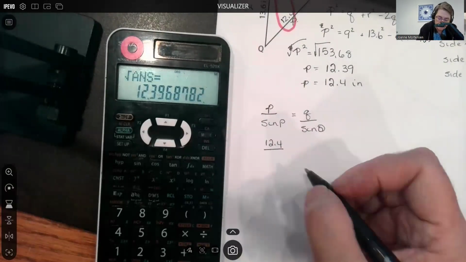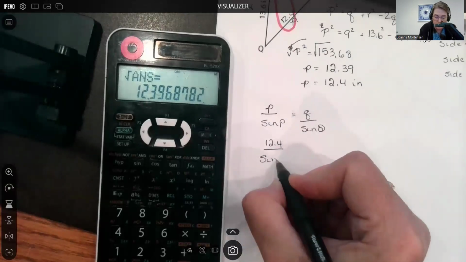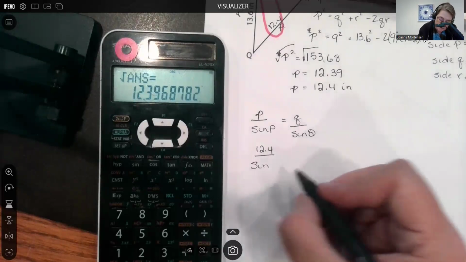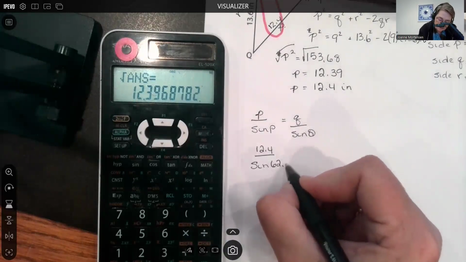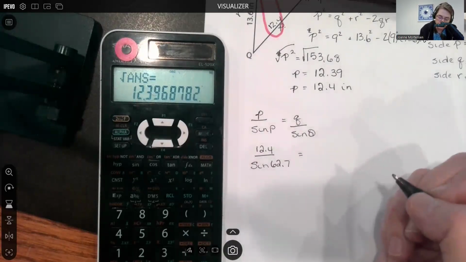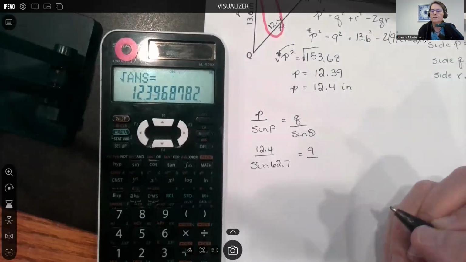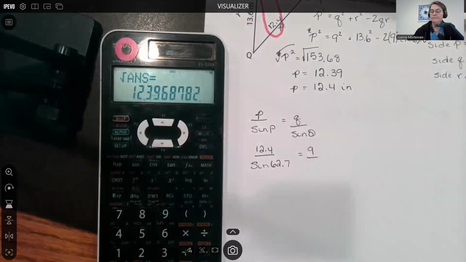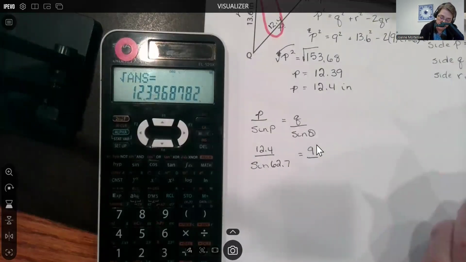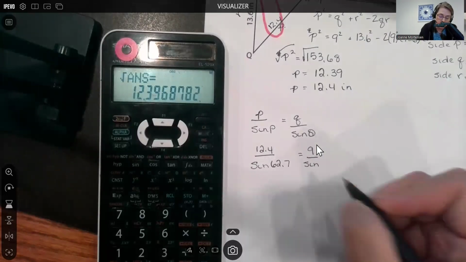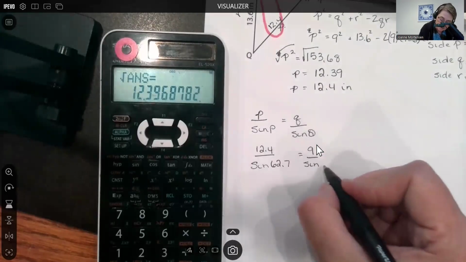divided by sine 62.7 is equal to Q, which is 9 inches over sine, angle Q. I guess we're looking for that.